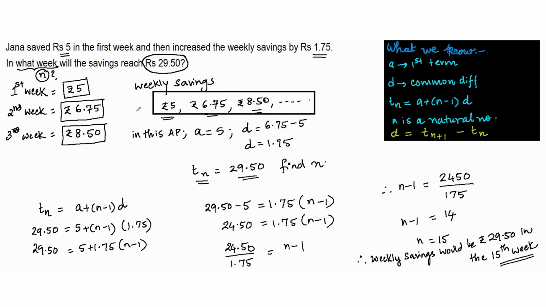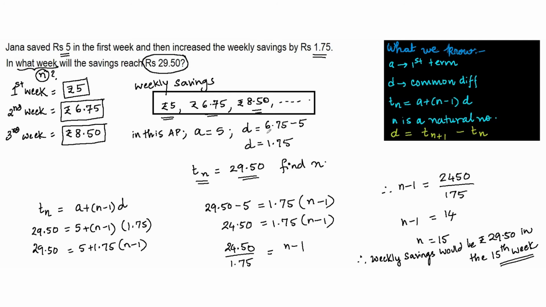So again, we tried to convert a word problem into an arithmetic progression problem by correctly understanding the conditions that were given, and then we mapped the quantities that were known into the quantities related to AP.